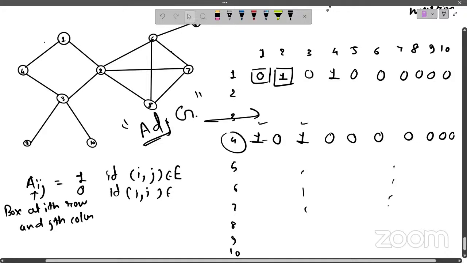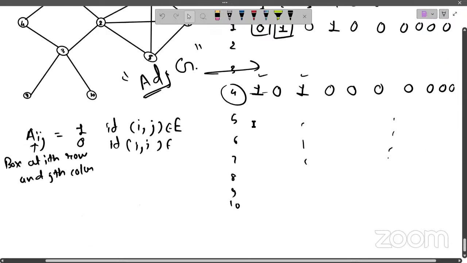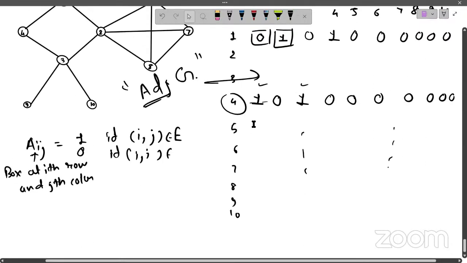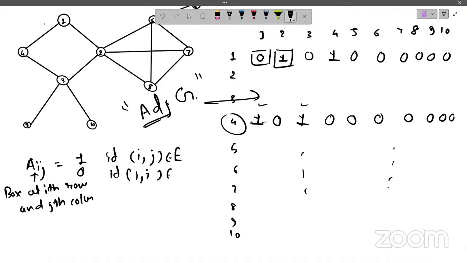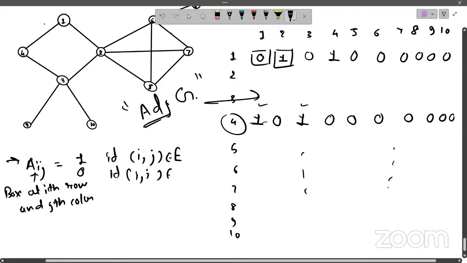This is the process for an undirected graph. For a directed graph, we have a slightly different notion. It is just the same thing, that we have to fill our matrix by observing what vertices are connected to other vertices, but again, we have to deal with the directions. So this is for undirected graphs.